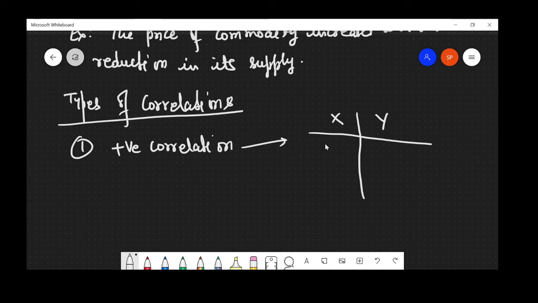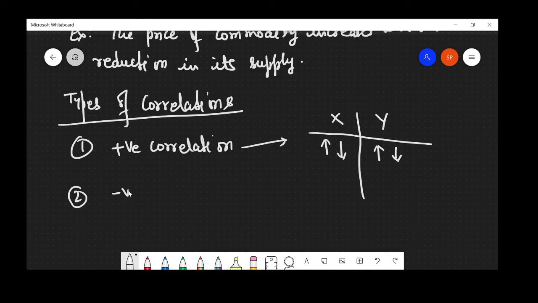Now when one variable increases and correspondingly the other variable also increases, that is known as positive correlation. And when one variable decreases and the other variable also decreases, that is also known as positive correlation. So now we move to negative correlation.